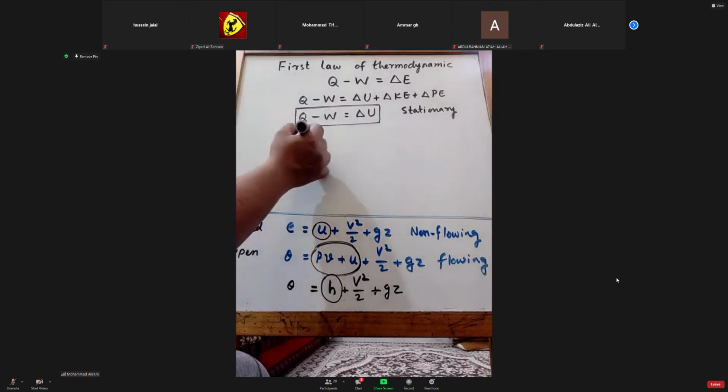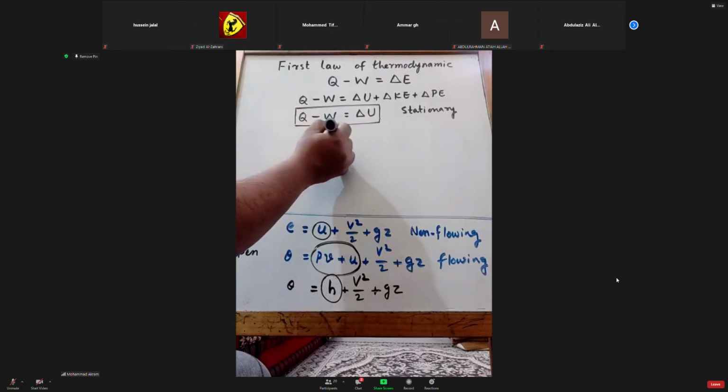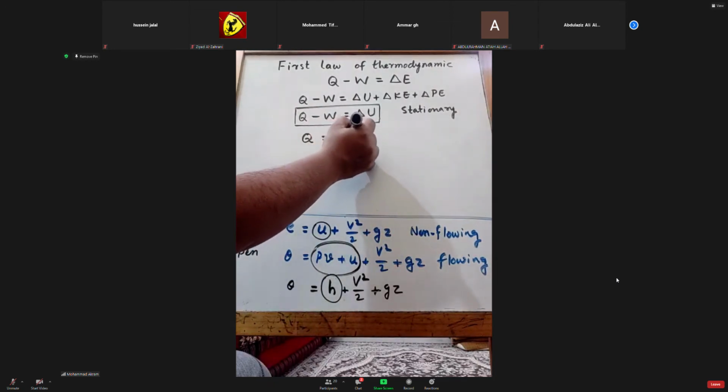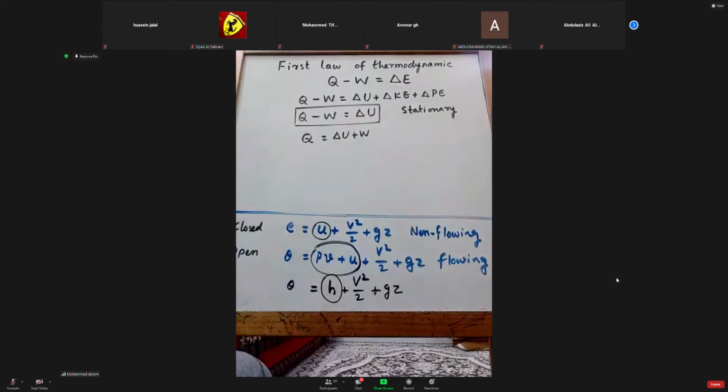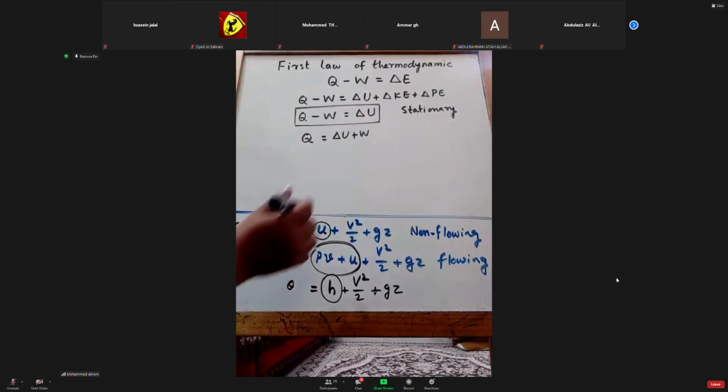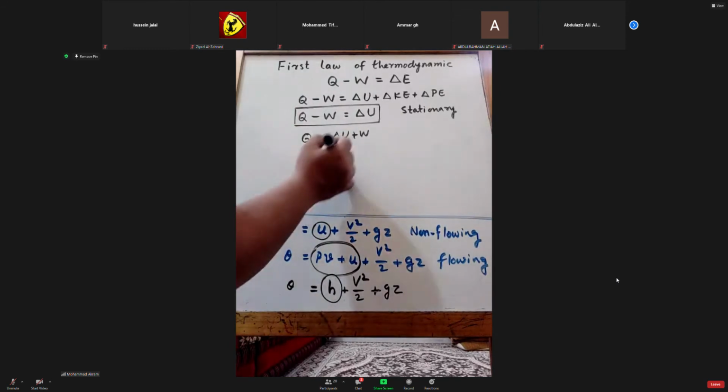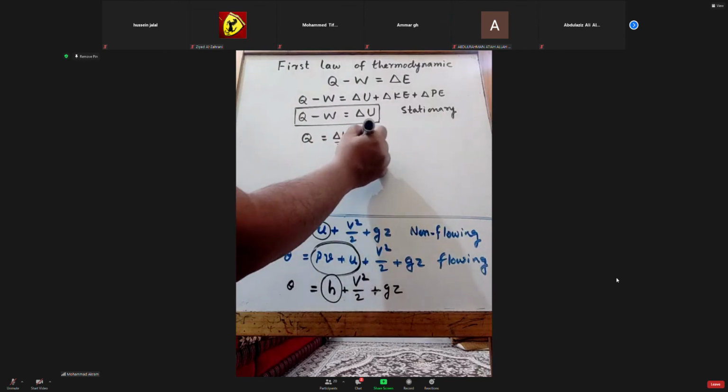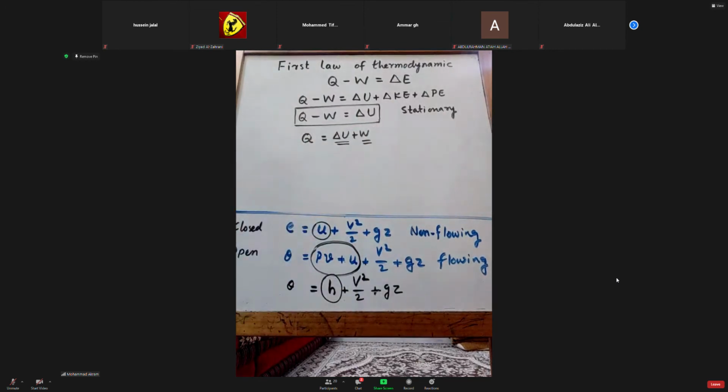What you can say, heat equals delta U plus work. Before this, I gave the example of this equation already, that one is the internal energy and this one is work.